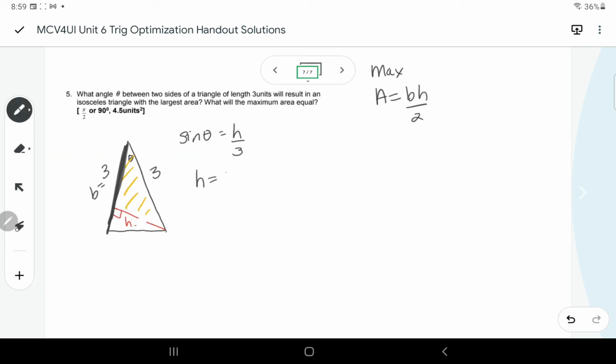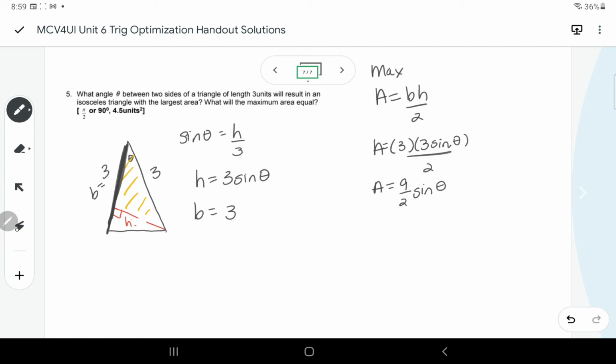So h is 3 sine theta, and the base is 3. So that's what I'm going to put in to maximize the area. So area is 3 times 3 sine theta over 2. So area is 9 over 2 sine theta.